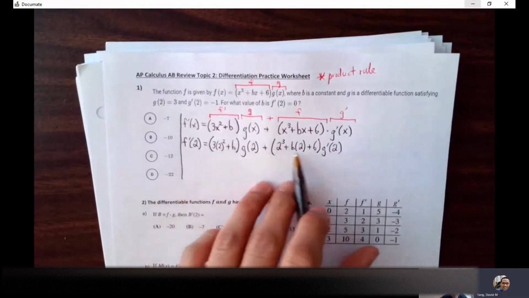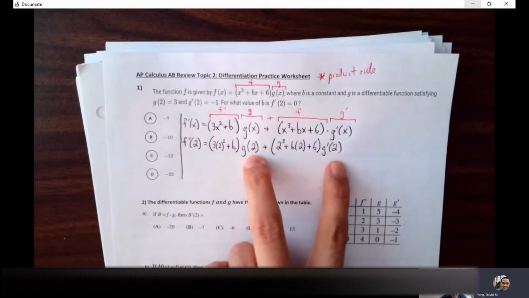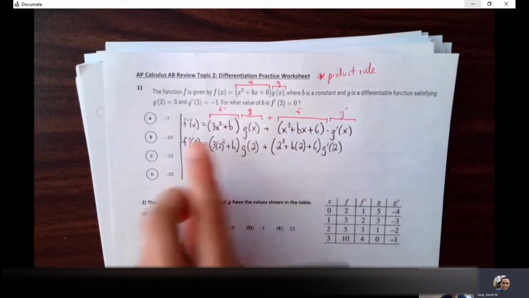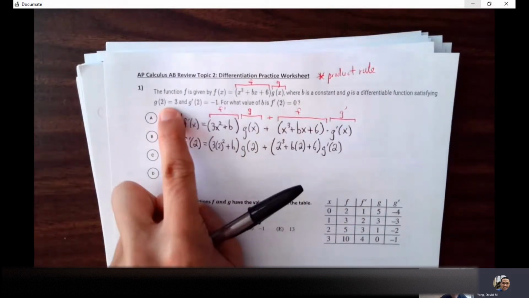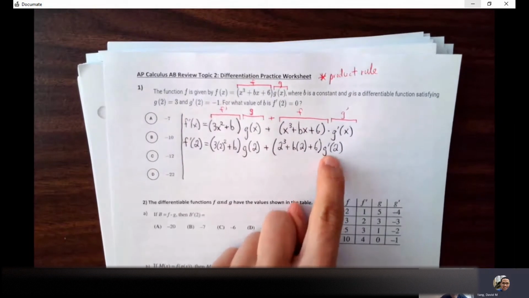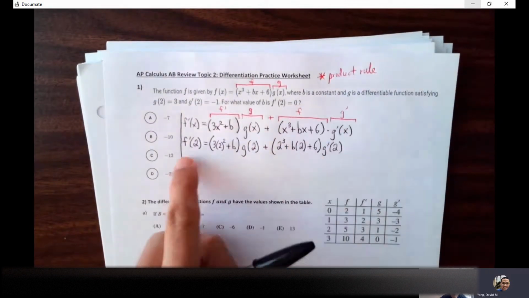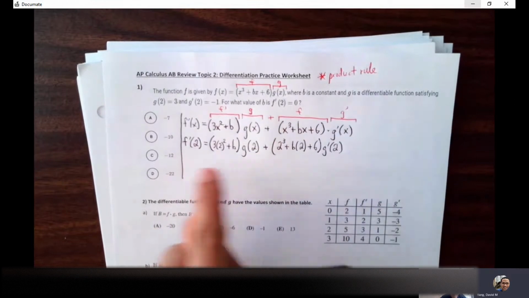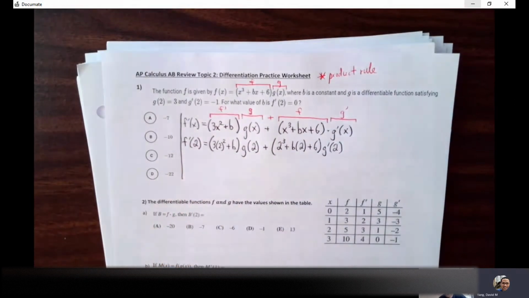I'm going to do some cleanup. As I do some cleanup, I'm also going to insert values that are given to me. G of 2 equals 3. I'll make that insertion. G prime of 2 is equal to -1, and then f prime of 2 is equal to 0. So I'm going to clean up and make substitutions at the same time.